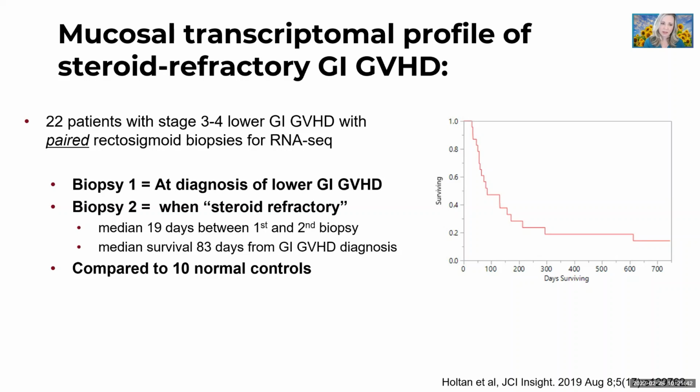So we had a biopsy at the diagnosis of lower GI GVHD, and then a second biopsy when they became steroid refractory. There was a median of 19 days between the first and second biopsy, and median survival of 83 days from GI GVHD diagnosis. You can see the Kaplan-Meier estimates on the right. We compared these biopsies to 10 normal controls.